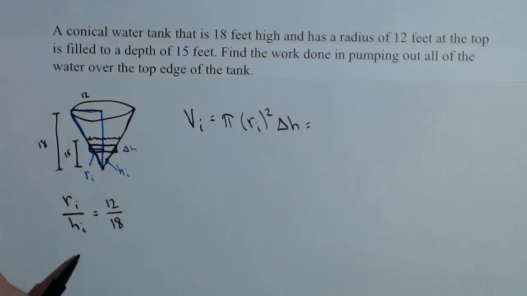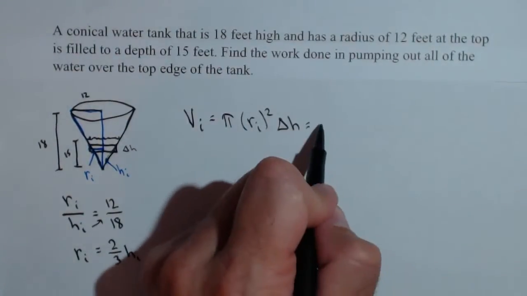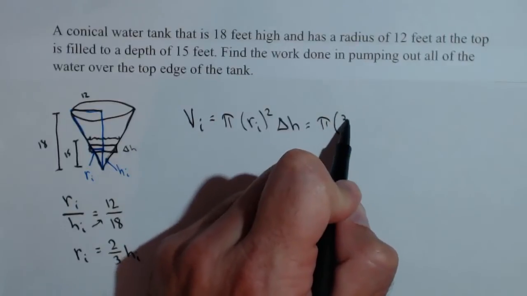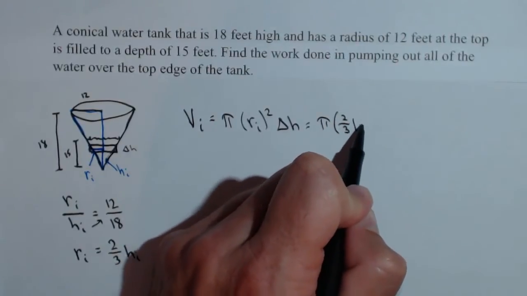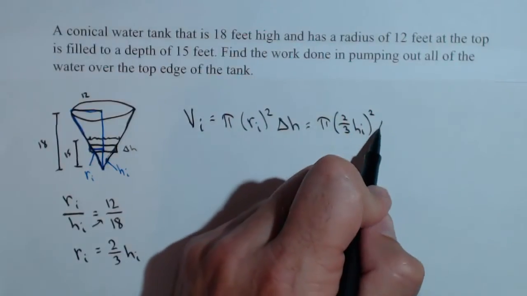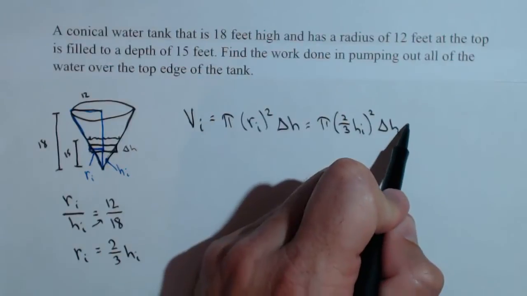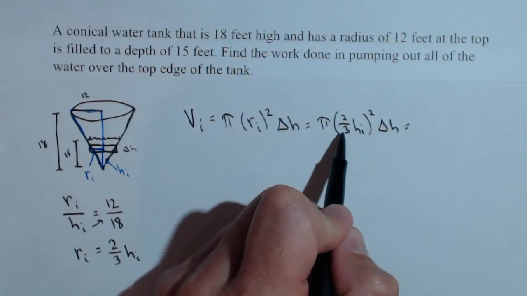And I want to solve this for R sub i. So I can reduce this. This reduces down to 2/3, and cross multiply that H sub i. And there's my R sub i in terms of H sub i. So I'm going to replace what I have in the parentheses here. So pi times 2/3 H sub i, the quantity squared, delta H. Now, one thing I see happen a lot: when you square this, make sure you square both pieces.